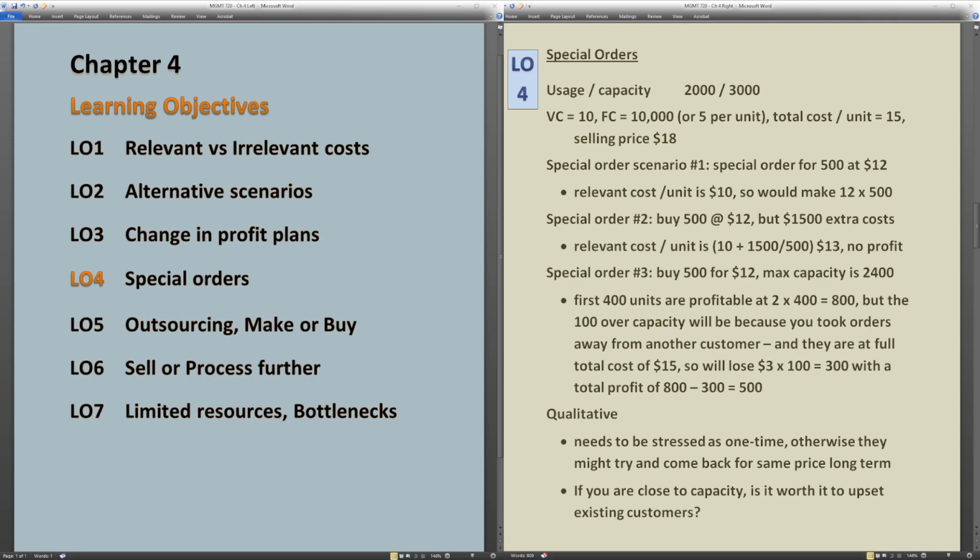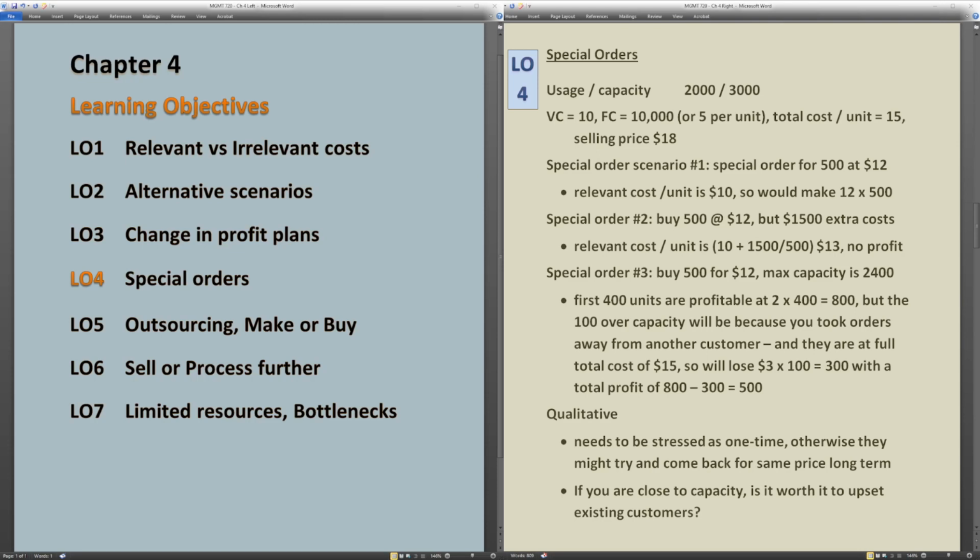So whereas before the relevant cost was only the $10 of variable costs, now the relevant costs are going to be the $10 of variable cost plus this $1,500 in extra cost, because like I say, it could be anything. Let's just say it's a special color. You could extend them out and figure out what the total costs are.